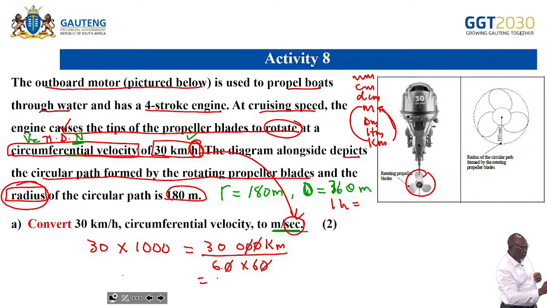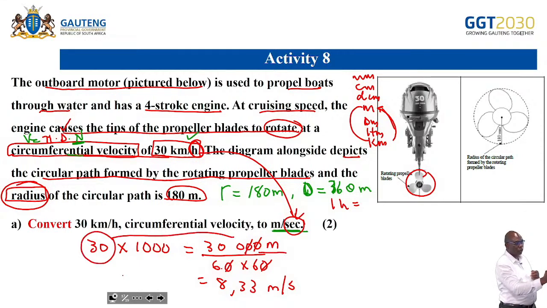So my answer that I'm going to get will be 8.33 meters per second. Remember, this is meters, it's not kilometers, sorry. Just erase that. So that will be meters. Remember, we have changed it from kilometers to meters. And then here are seconds. So it becomes meters per second, and 8.33 meters per second will be our final answer.